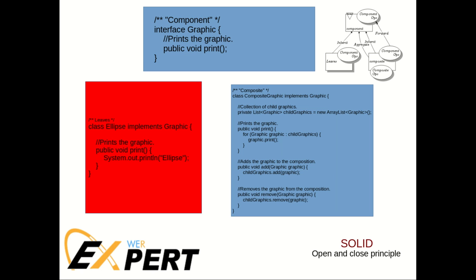Now let's see a simple example for the composite. We have our interface. The main thing in the composite design pattern is the interface, because our objects will have the same structure and the same type. We can deal with any part as a part.